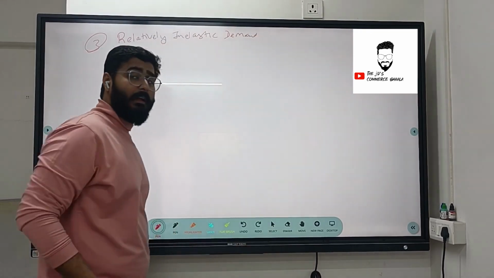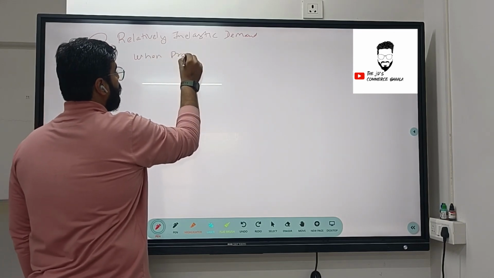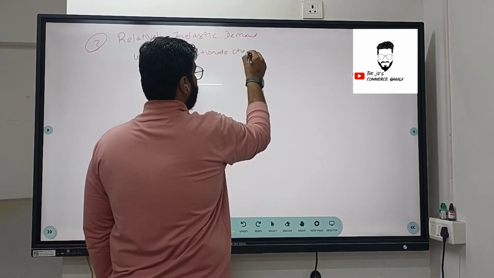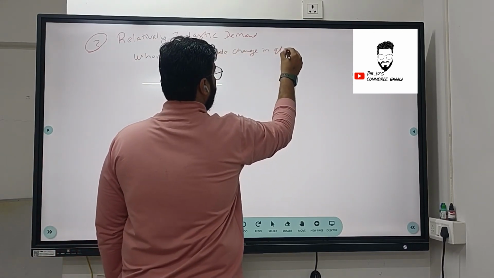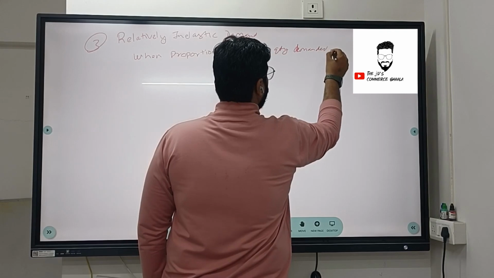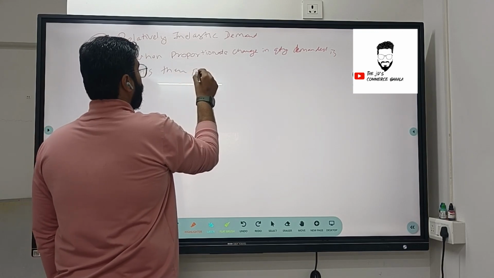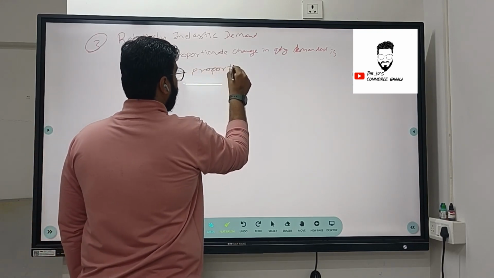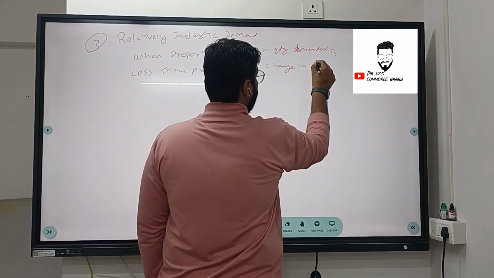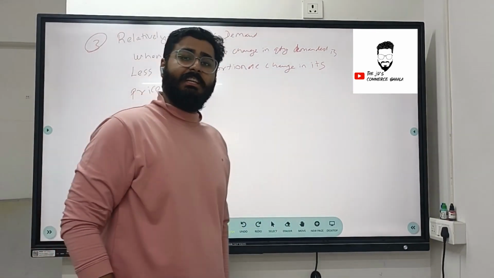When I say relatively inelastic, I mean when the proportionate change in quantity demanded is less than the proportionate change in its price. Less than proportionate change in its price.